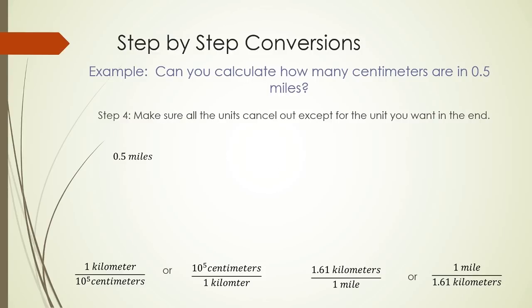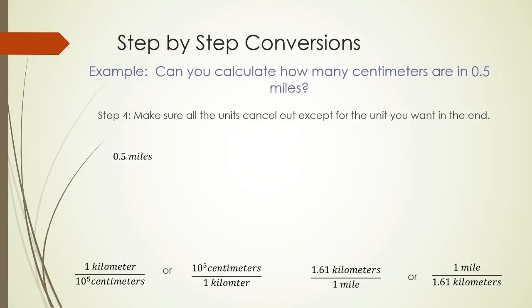So going back to my problem here, now that I have all my conversion factors, I have half a mile. I know I need to multiply it by something. So I'm going to multiply it by one of the conversion factors that will get rid of miles. So I'm looking at the kilometers over a mile or miles over a kilometer. Now when I look at those, I see that 1 mile over 1 kilometer would cause me to have miles squared over kilometers for units.